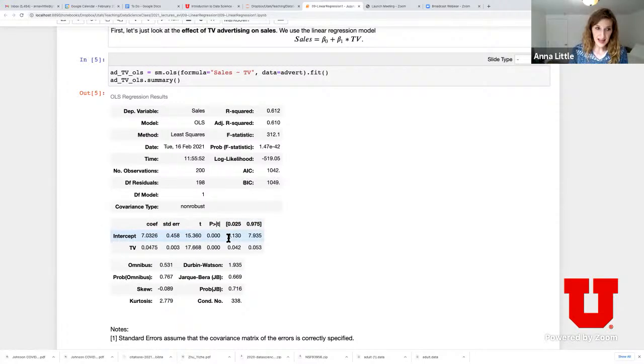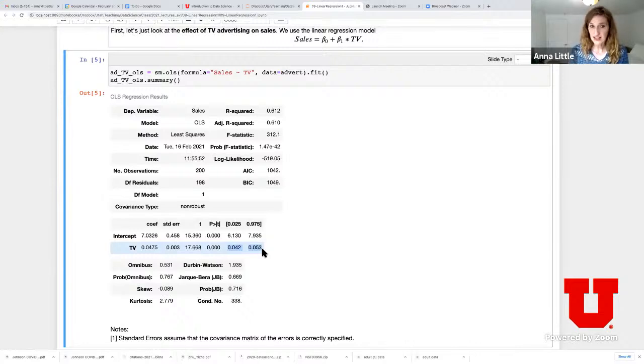So for that example, we could say for the slope of the regression model with TV and sales, we're 95% confident it is between 0.04 and 0.05. So that's also helpful to look at, the confidence interval.